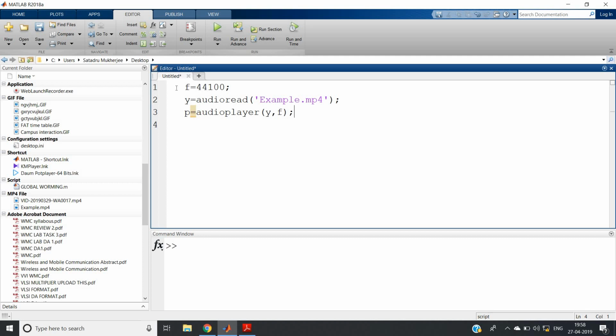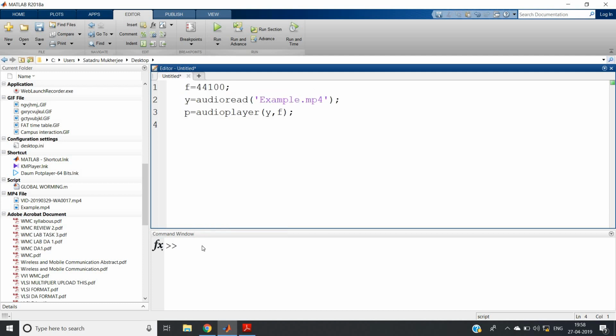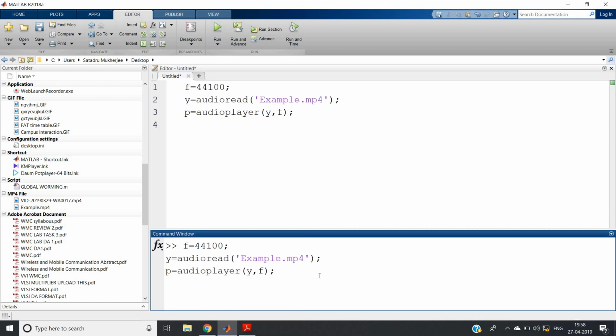Okay, now first let me copy this code, paste it in the command window and click enter. It will take some time to load. Now play p. As soon as I click enter, the original sound will be played by Matlab. Just listen to that carefully.